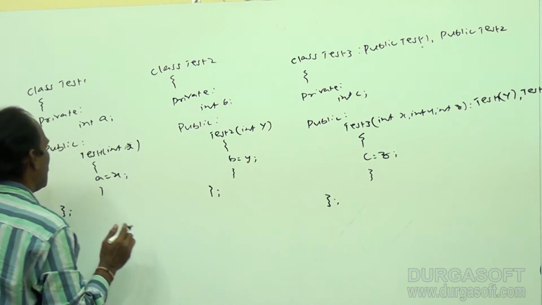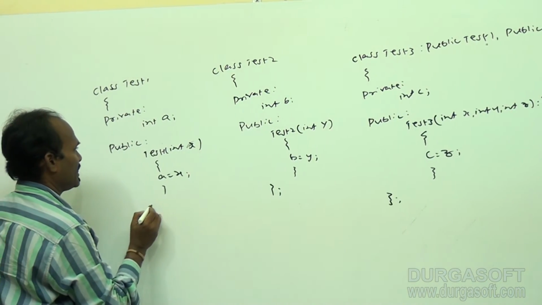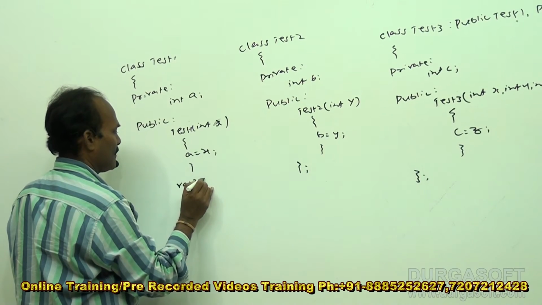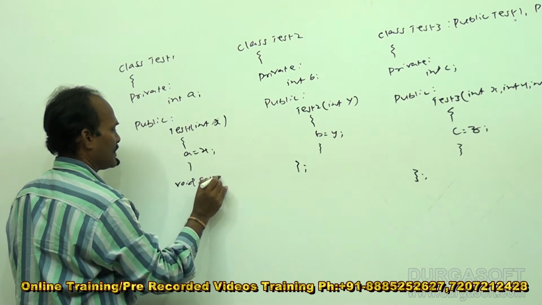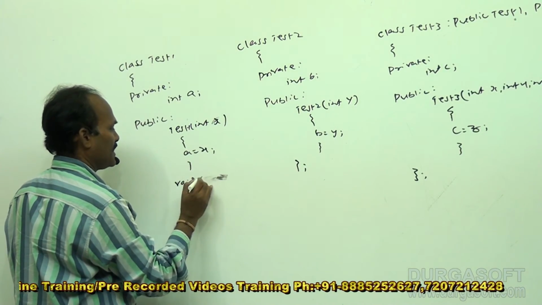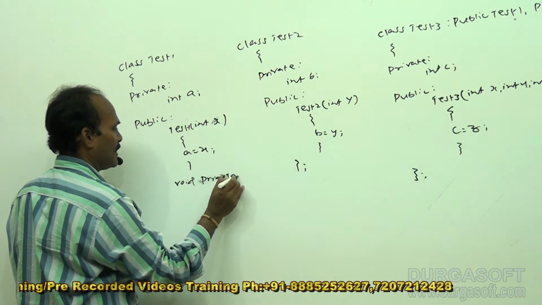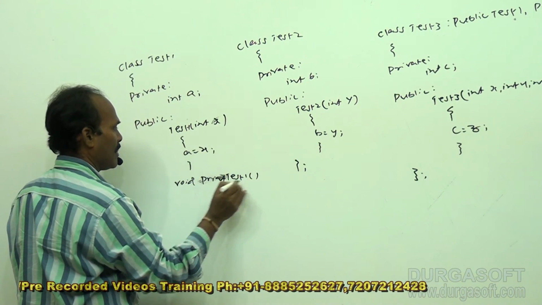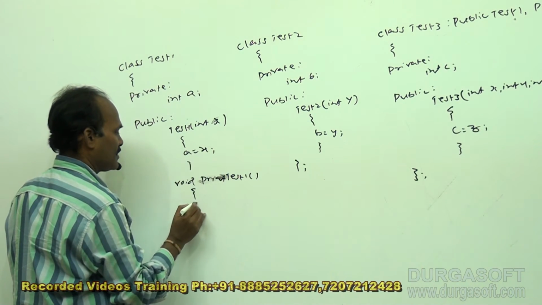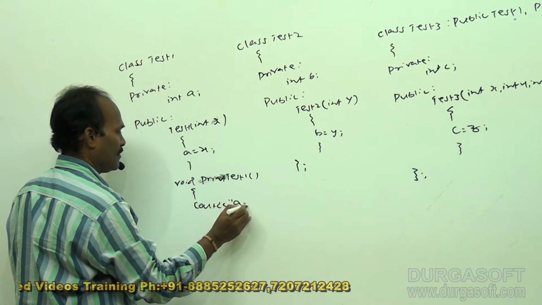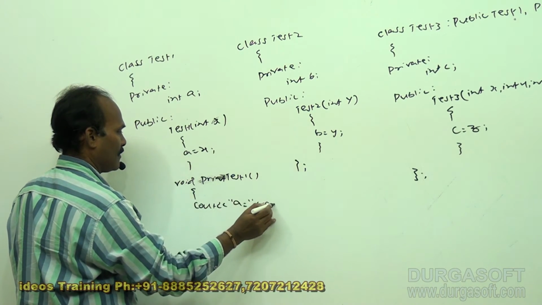Here you print individual items, like void print test1. You print a value: cout a equal to, like this.